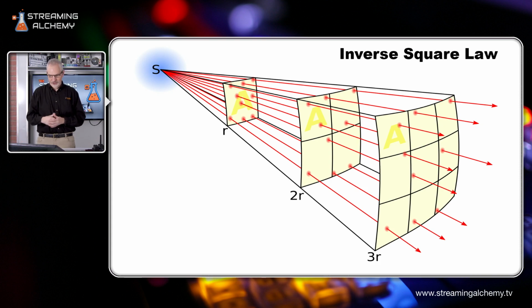So if I start at, in this diagram, R, and then I double that, at 2R, the brightness of that light is a quarter of what it was for somebody standing at R. And that keeps going. So light continues to fall off using the inverse square law.